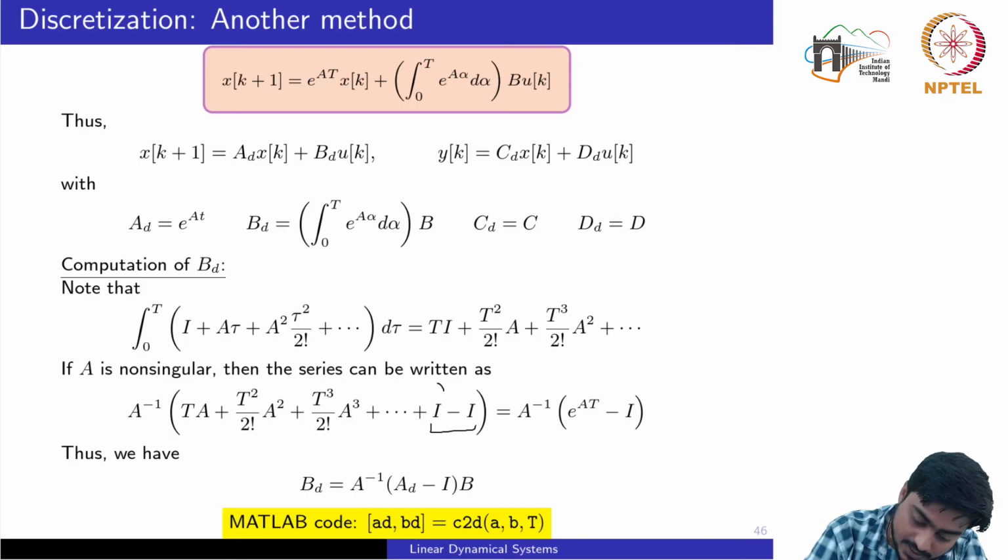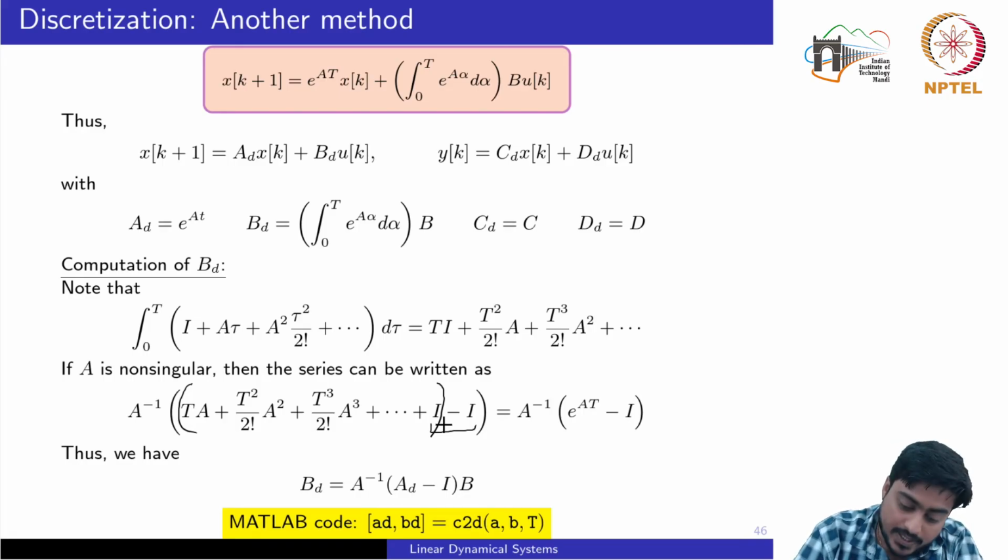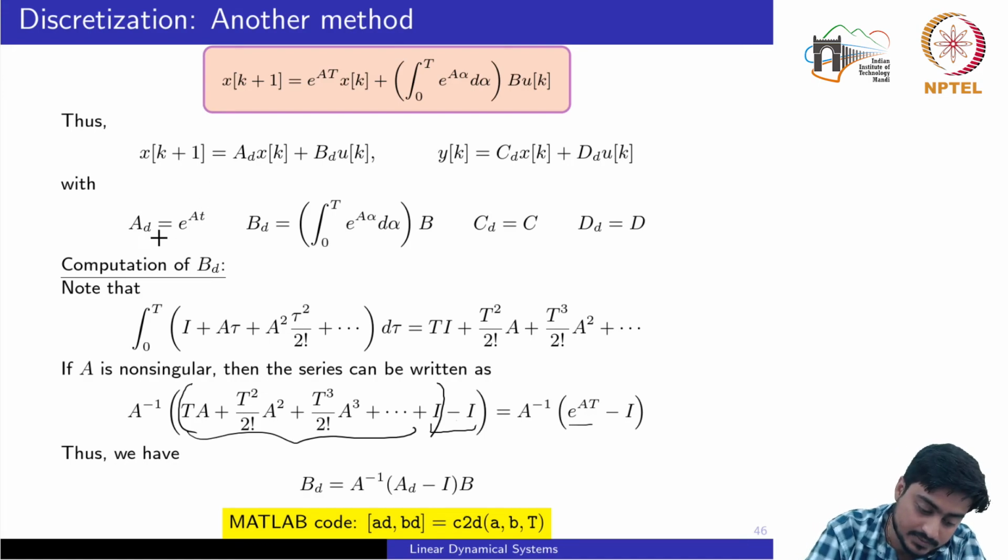Now see this part. This part is basically equal to the matrix exponential e to the power AT. So this part becomes e to the power AT minus I, pre-multiplied by the inverse of the A matrix. And this e to the power AT is basically my AD.